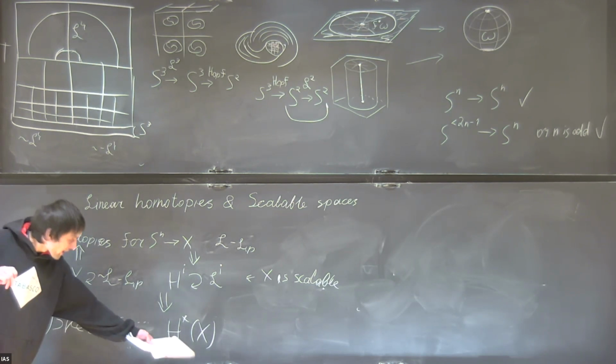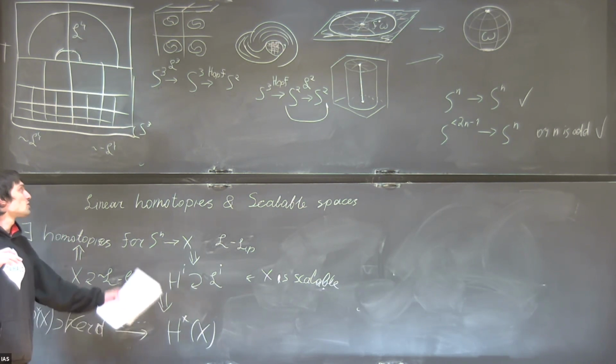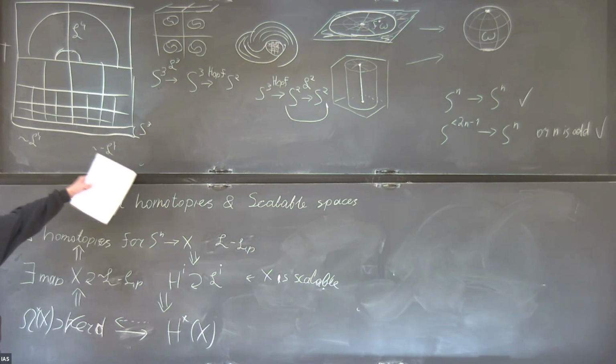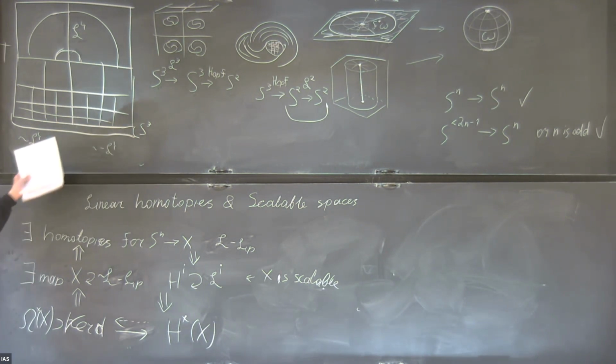The fact that you can represent this cohomology says that you don't have homotopy issues that you cannot address, like that Hopf situation.